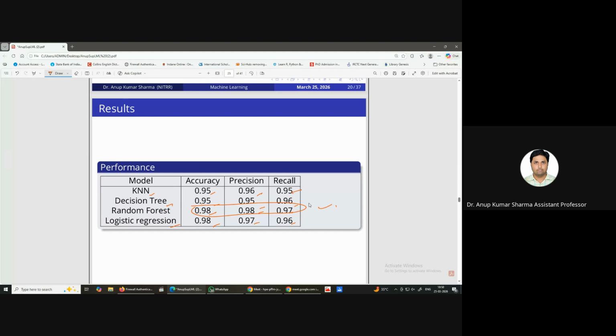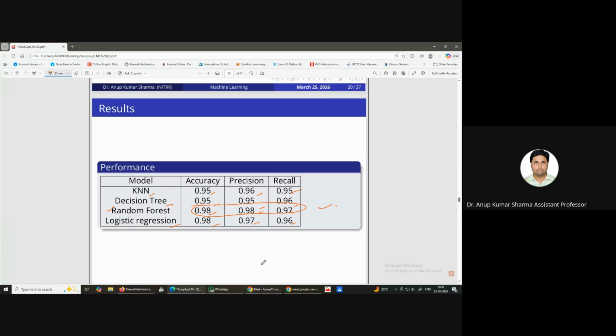Recall is also about whether a transaction happens or not. So these are the values for random forest. Based on these values we say random forest is best. But can we believe that 98% is accuracy, precision is 98%, recall is 97%?